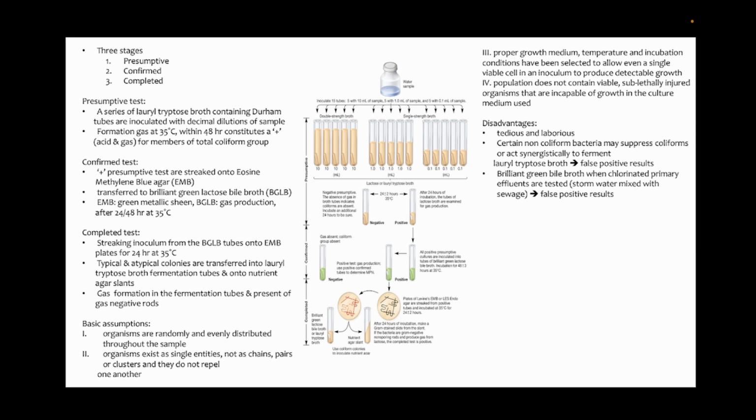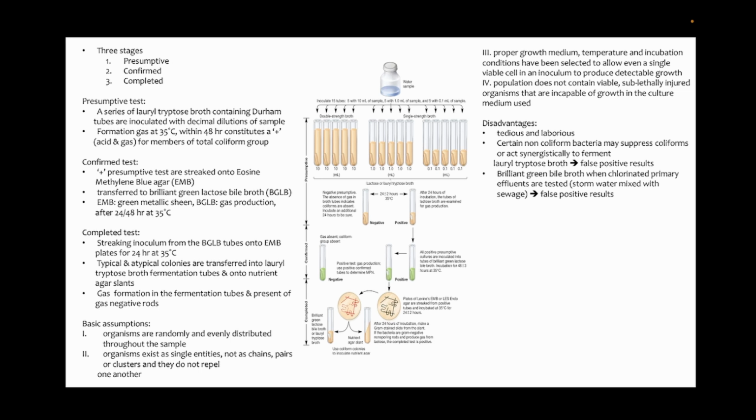If it's lactose positive and gas positive, it becomes your coliform. Whatever tube that's positive, you further inoculate a fresh MacConkey broth. But this time you incubate at 44.5 degrees Celsius, and that will tell you whether they are fecal coliform or thermotolerant coliform. And from the tubes that are positive, you can do a streaking on eosin methylene blue. It should give green metallic sheen. Then it will be presumptive. It will be confirmed E. coli.